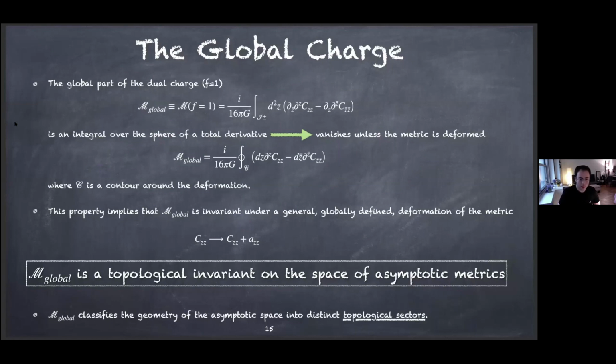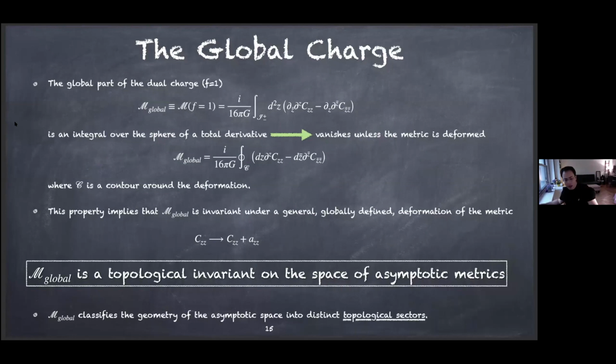This implies that the global part of the dual supertranslation charge is invariant under any metric deformation that is globally well-defined, that is, not singular. So it is a topological invariant on the space of asymptotic metrics. In other words, it classifies the space of asymptotic metrics into distinct topological sectors. That's a very important and interesting property of the global charge.